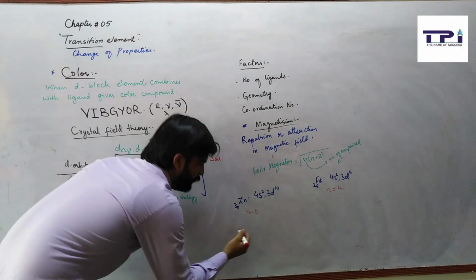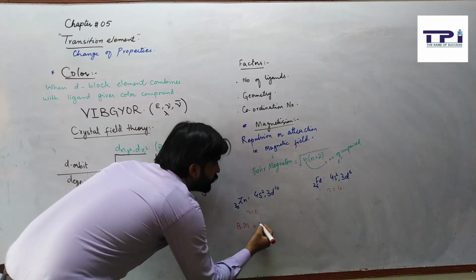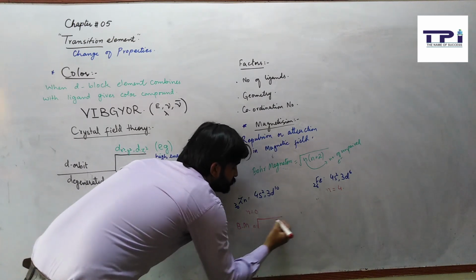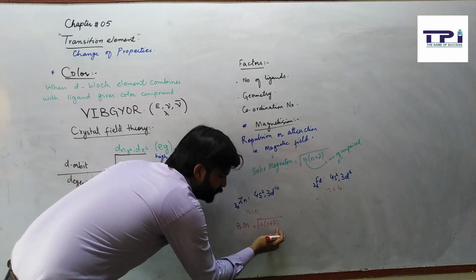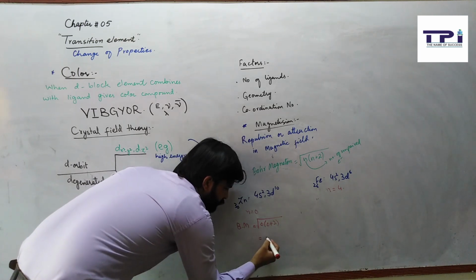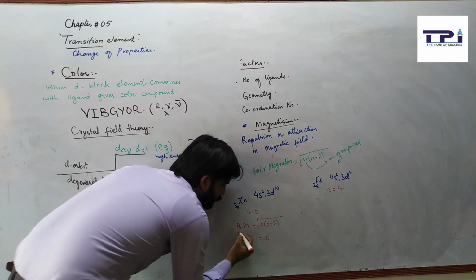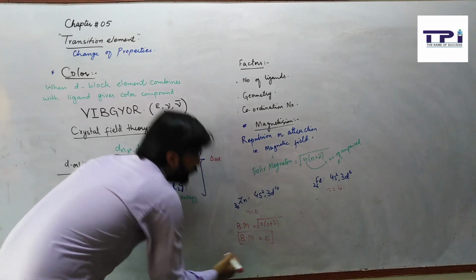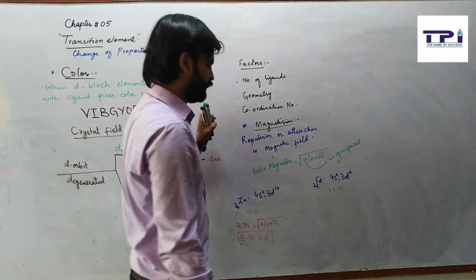Now using Bohr magneton, for zinc, root of 0 into 0 plus 2 is 0 BM. Therefore, zinc can't be attracted or repulsed in any magnetic field.